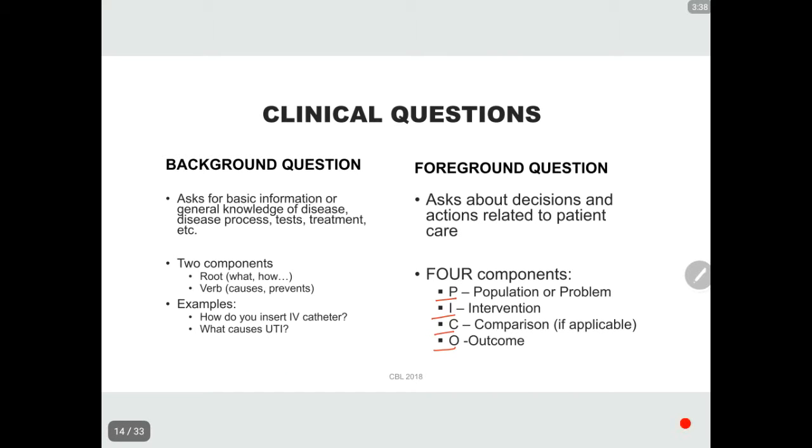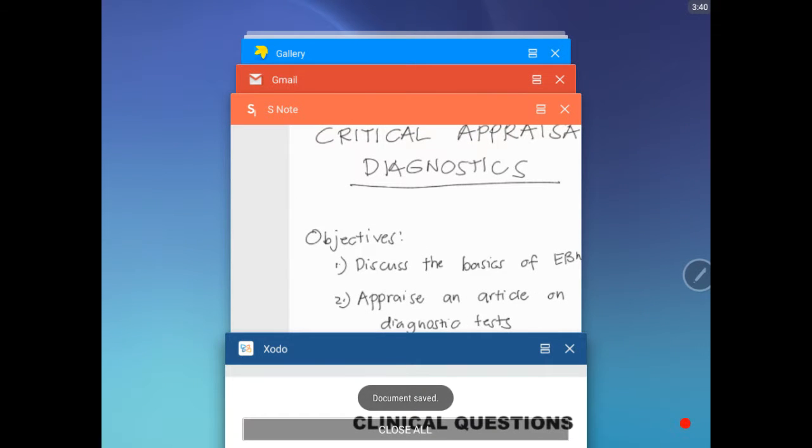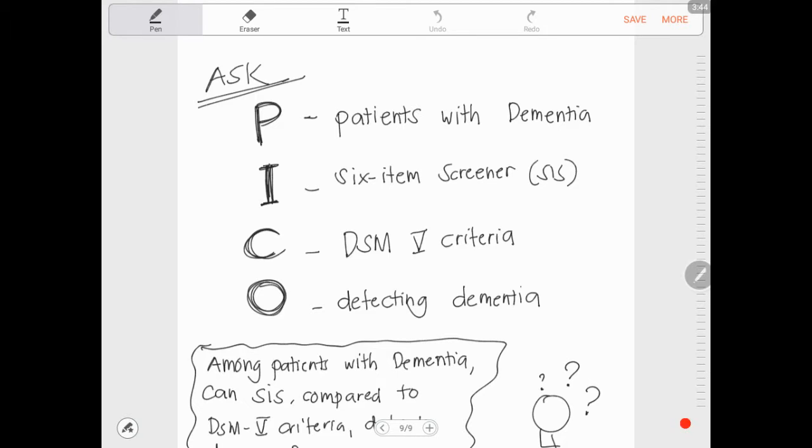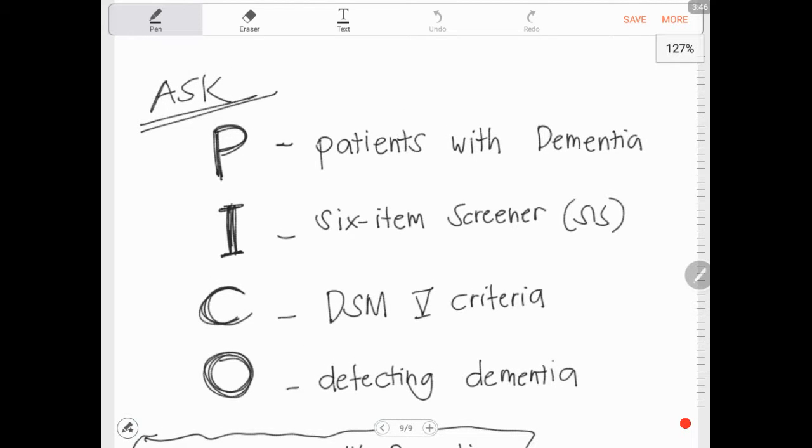So, say we have here an example. Say you are a doctor, you already have a clinic, and you have many patients, many elderly. With your elderly patients, you actually have to do a comprehensive geriatric assessment because most of the elderly will develop dementia. Right?